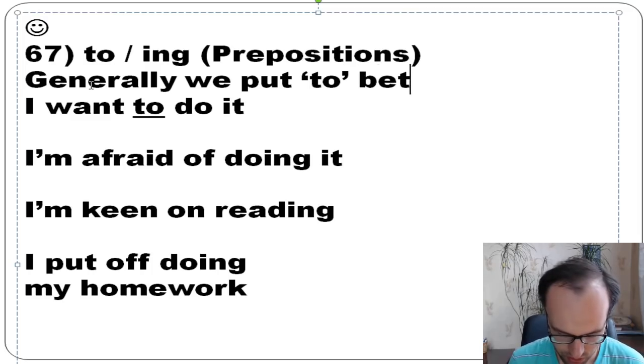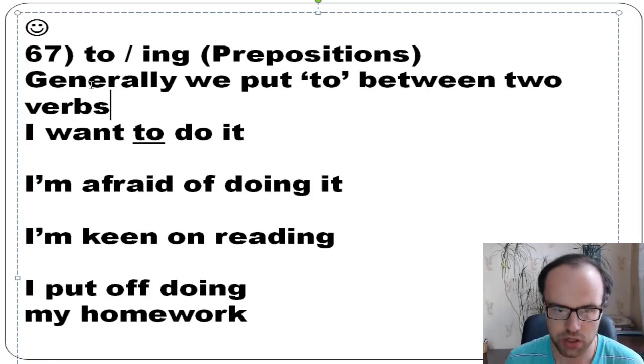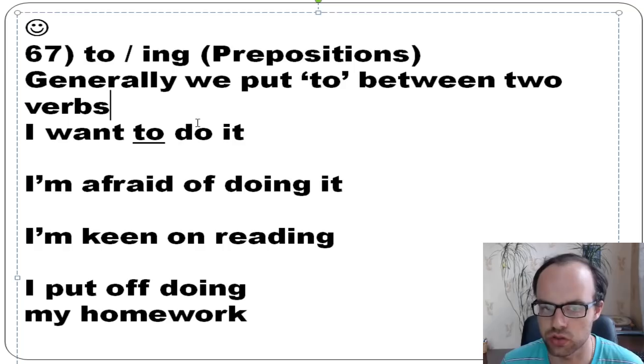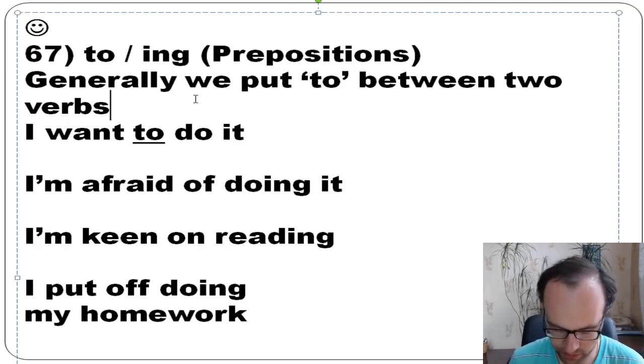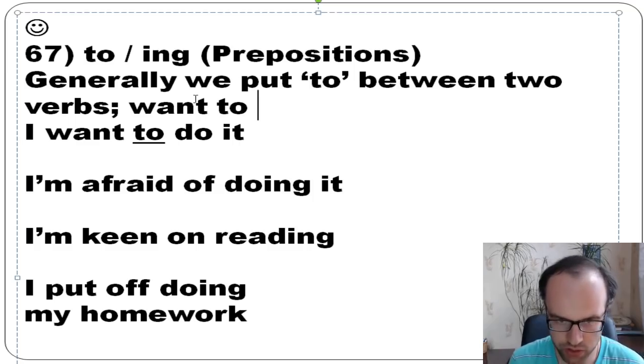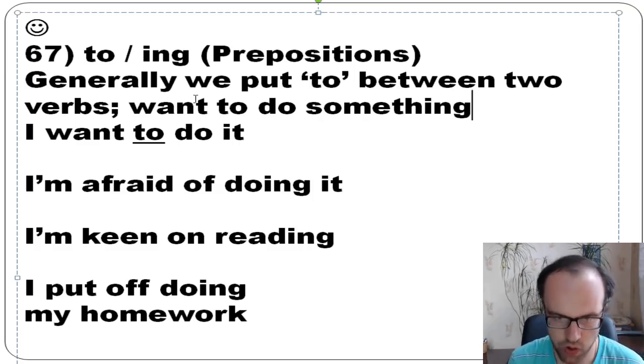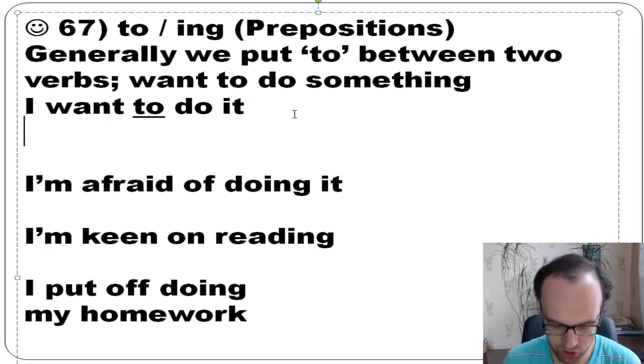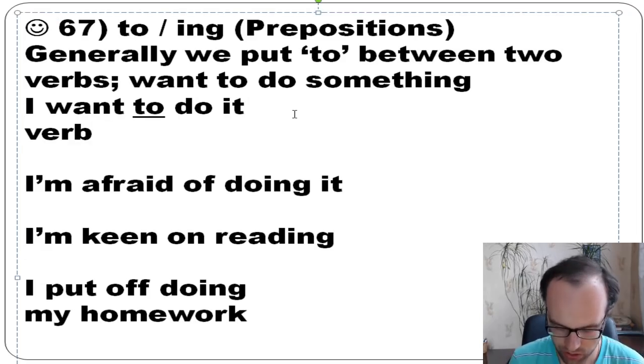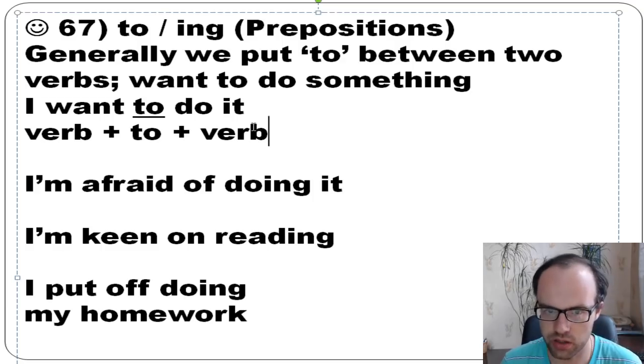Look, I want to do it. We say want to do something, you need to remember it. I want to do it. So you see this structure: verb plus to plus verb.